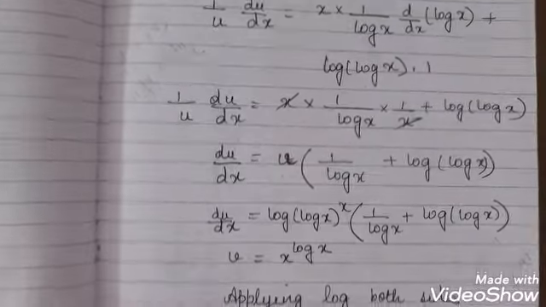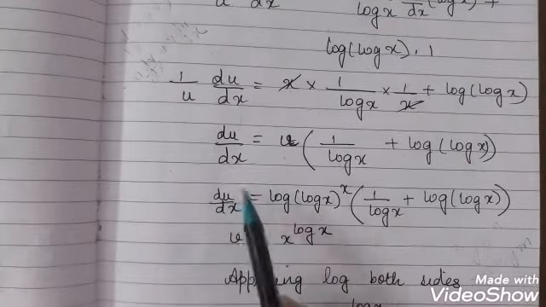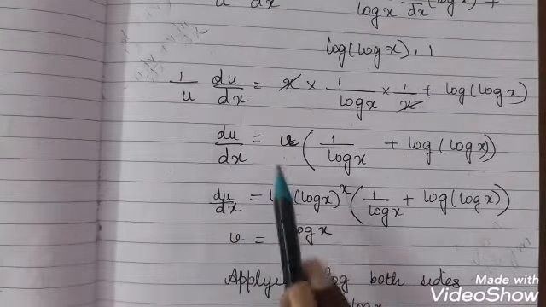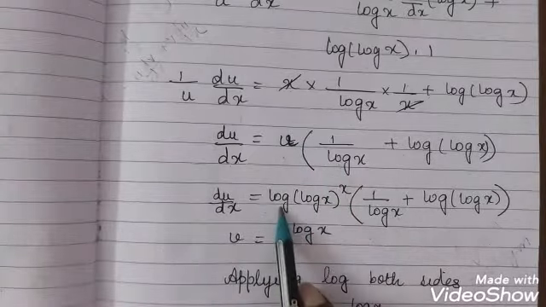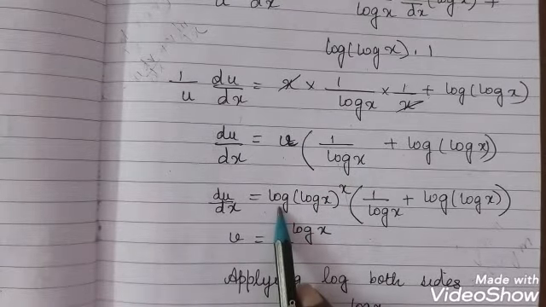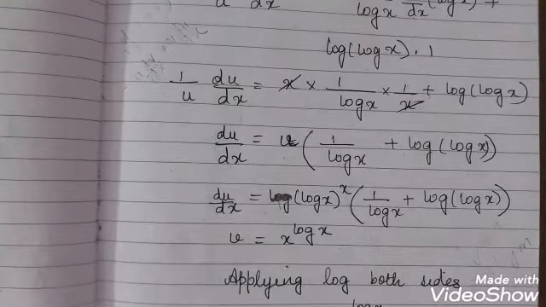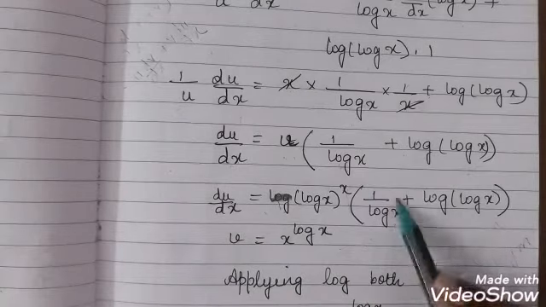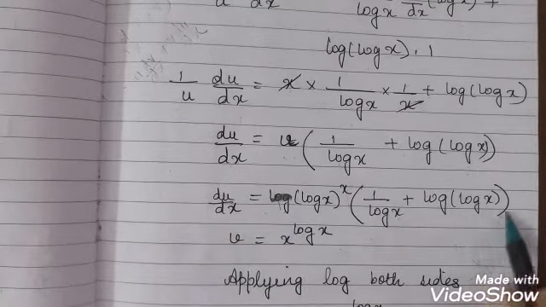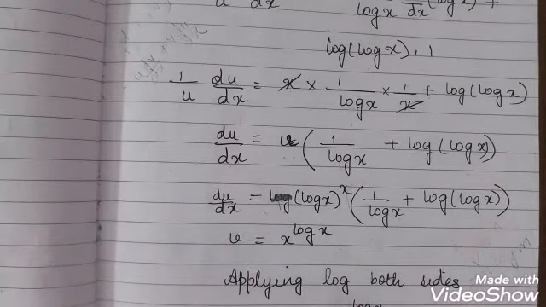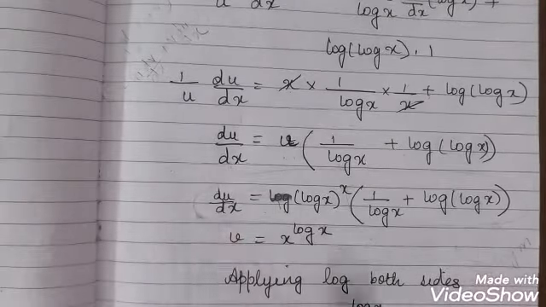So what is your u equal to here? u is equal to log x the whole power x. So du by dx is equal to log x the whole power x into 1 by log x plus log of log x. This is your du by dx.